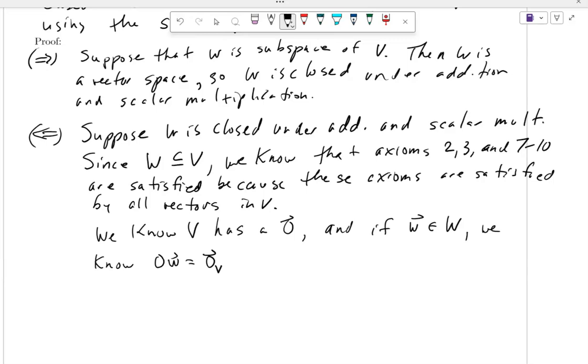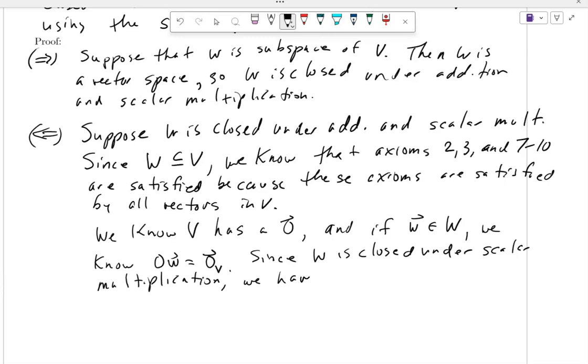Okay. Now, here's where we get the zero vector to also be in W. It's the closure part, right? Since W is closed under scalar multiplication, we have that the zero vector in V is actually in W. And now we have a zero vector.